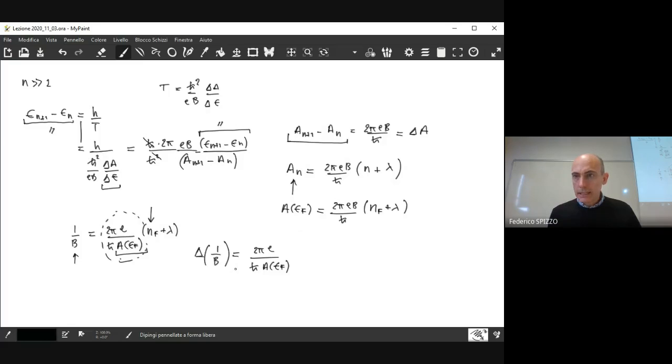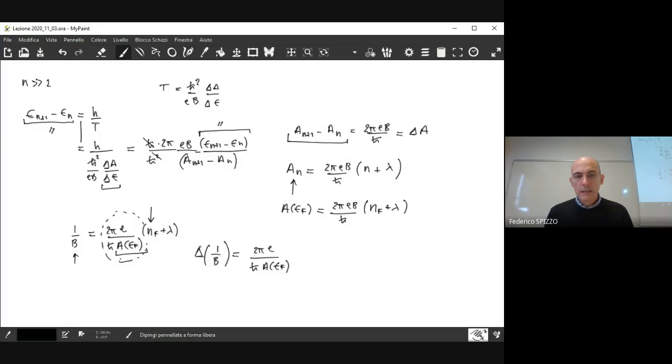So the idea is, if you observe the intersection, the equatorial one, corresponding to a fixed value of NF and to a value of B, then to jump to the next intersection, the variation of 1 over B that lets you jump to the following intersection has to be equal to this term here.